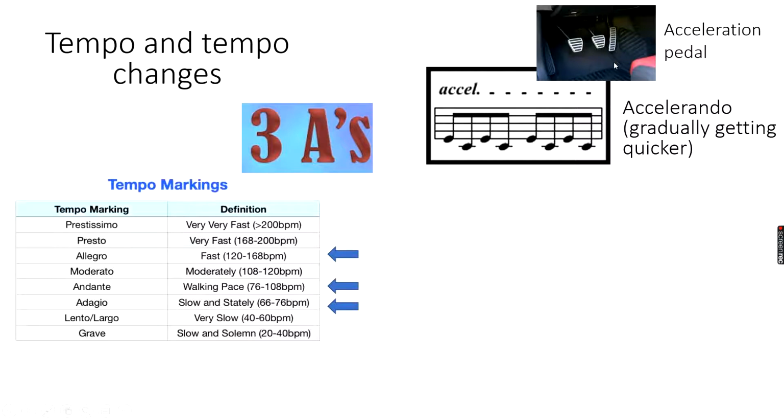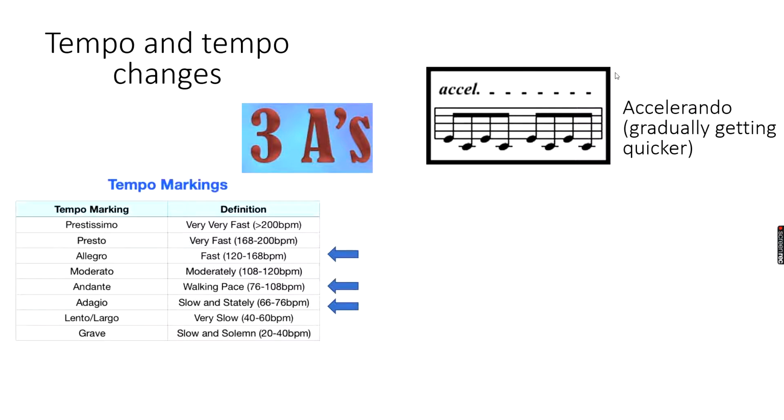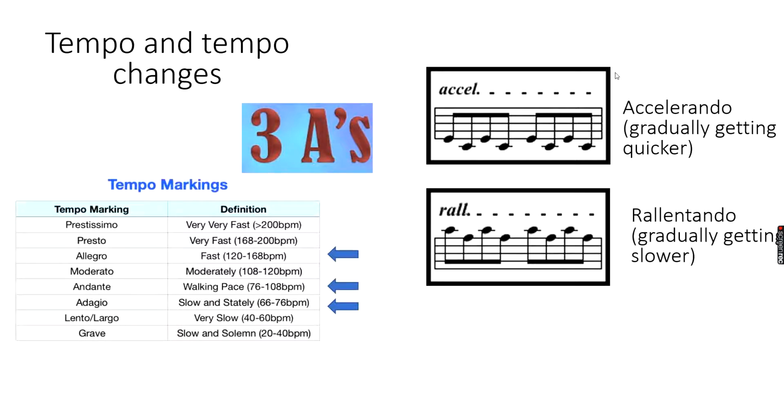If you press that acceleration pedal down, you're gradually going to go quicker and quicker and quicker. So accelerando means the music or the pulse, the tempo is gradually getting quicker. We have rallentando. This means that the music is gradually getting slower. So again, that pulse that we're listening to is gradually getting slower.